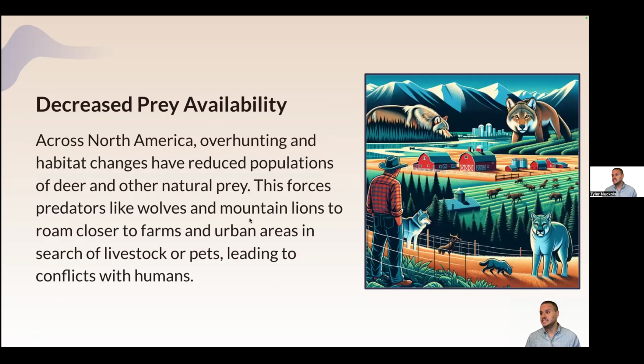Decreased prey availability is quite a large one. Overhunting, climate change, loss of habitat, right? When carnivores are losing the ungulates or different prey species that they rely on, they're going to seek out food sources in other areas. And in some agricultural spaces, cattle and pigs are easier prey to take down than a deer or another wild species, right?